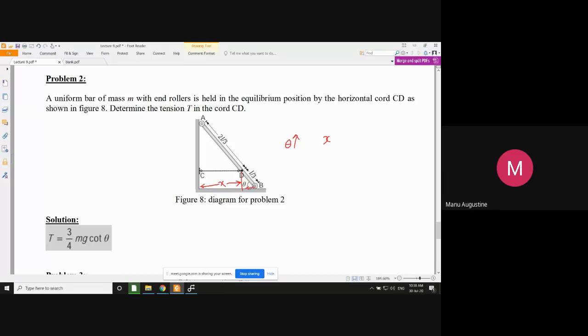As the wheels are moved inwards, this theta will increase. Why? Because from this position, your rod will come into this position. This is the increase of theta. See, initial theta was smaller, final theta is larger. But what has happened to the point that was here? This point has moved to this point. So that means if theta is increased, x will decrease.